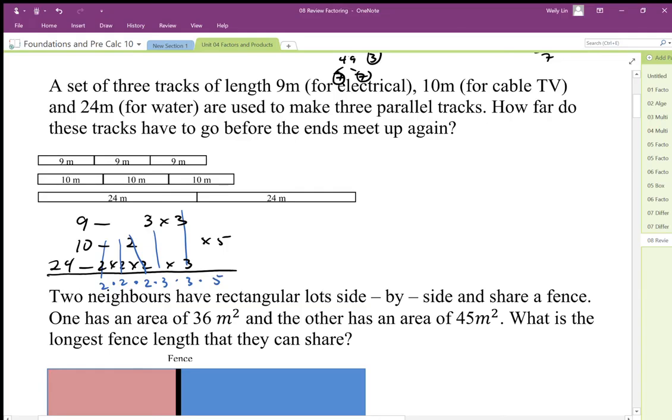So this ends up being 8, 24, 72. 72 times 5 is equal to 360. So 360 meters is going to be the lowest common multiple, or when they are going to meet up again. So that's one way we can do lowest common multiples.